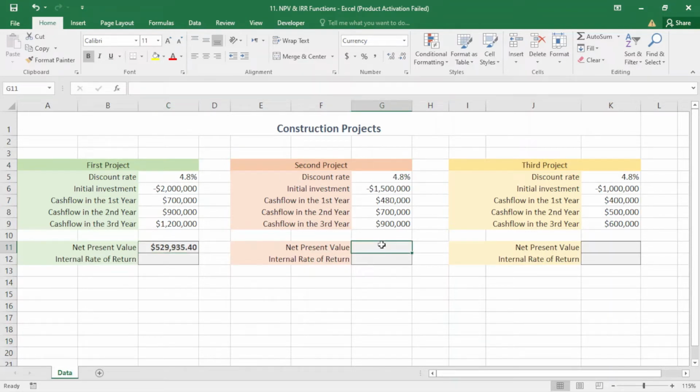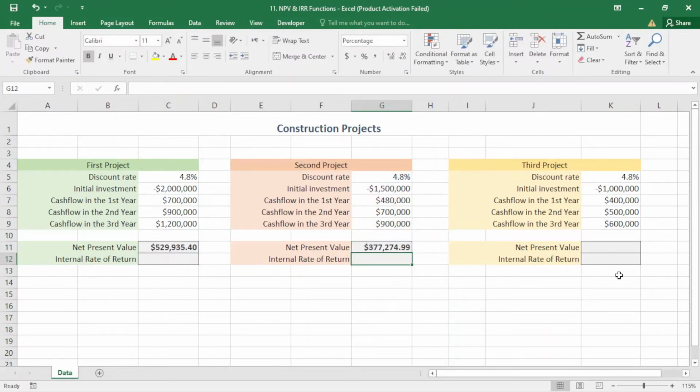So I want to find the second project. We do the same process: equal sign, NPV, select the rate, comma, select the cash flows, close the bracket, plus initial investment, and enter.